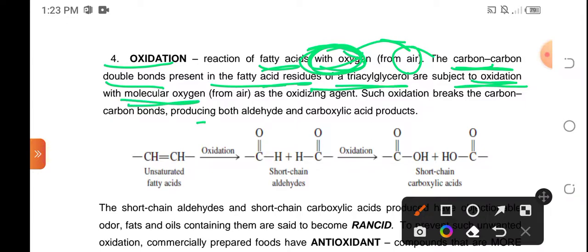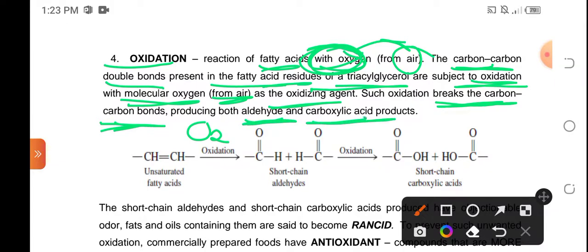Pag sinabing molecular oxygen, so yan, O2, which is present in the air. And that oxygen is the oxidizing agent. Ang mechanism, mabe-break daw yung carbon-to-carbon double bond and maproproduce ang aldehyde and further carboxylic acid part.